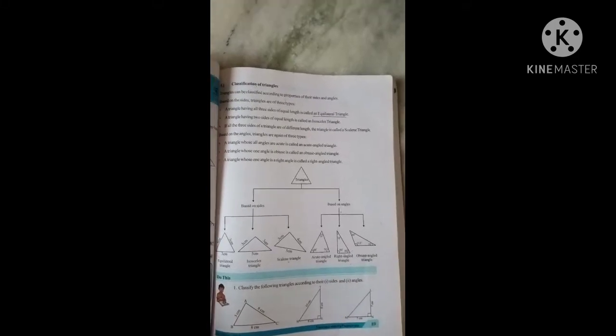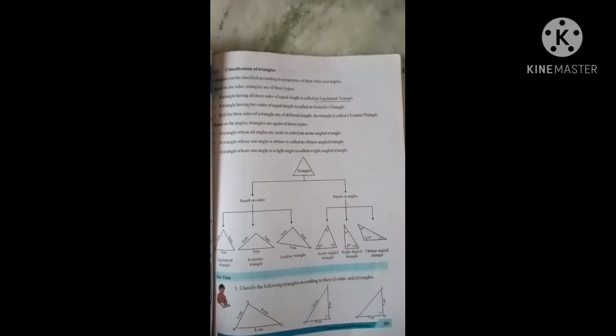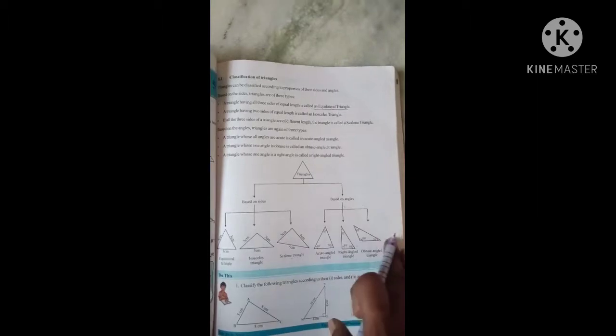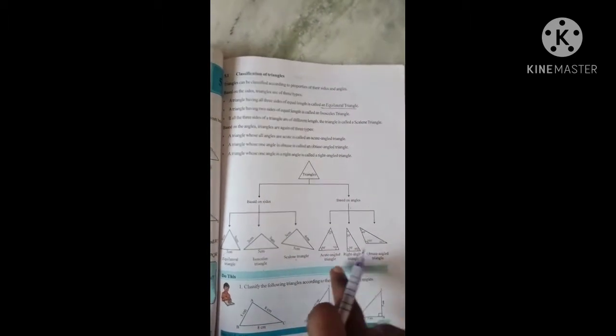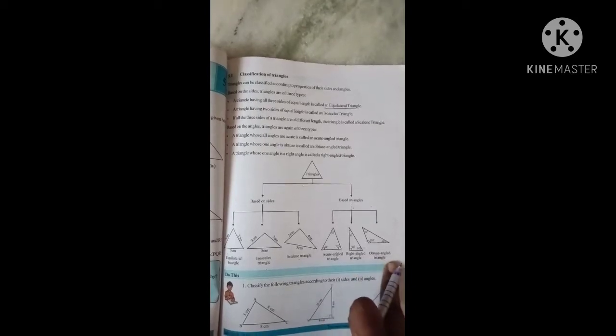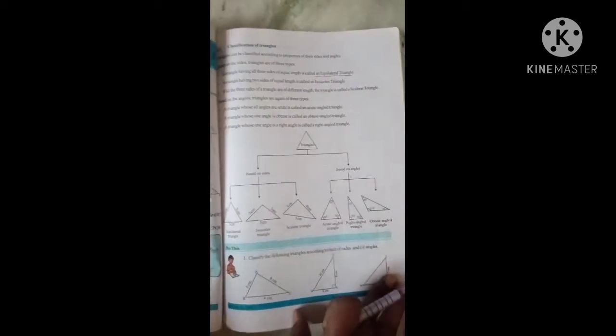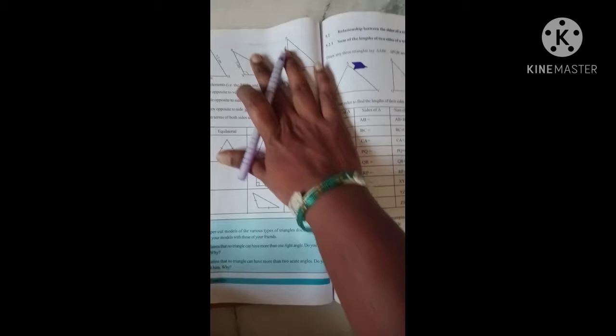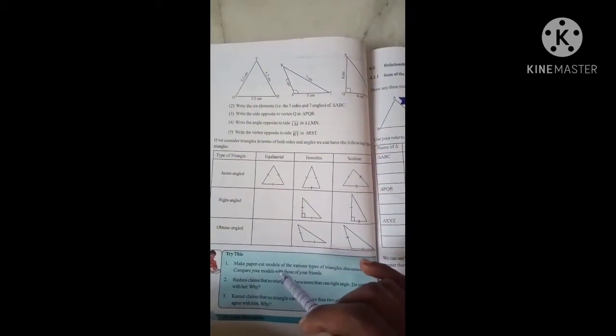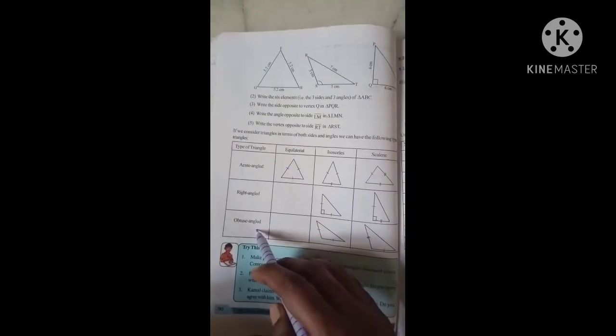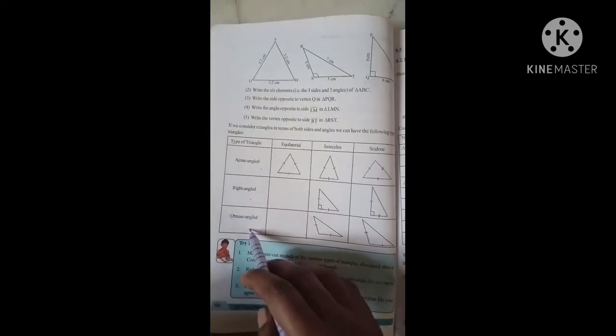Okay, this is your classification of triangles based on sides and based on angles: equilateral, isosceles, scalene, acute angle, right angle, and obtuse angle. Next, here a clear picture is given in a table. These are the types of triangle: acute angle, right angle, and obtuse.